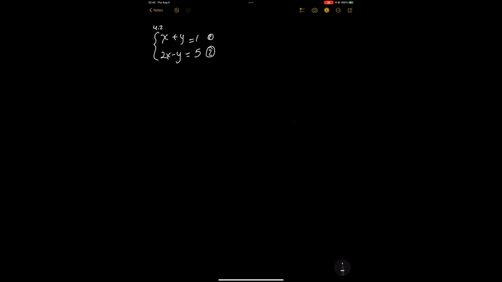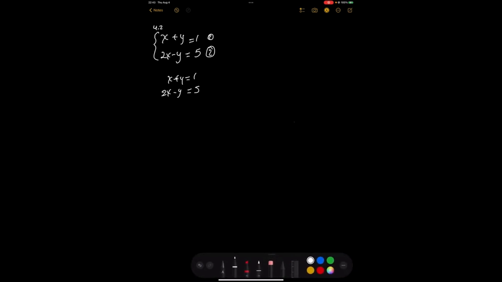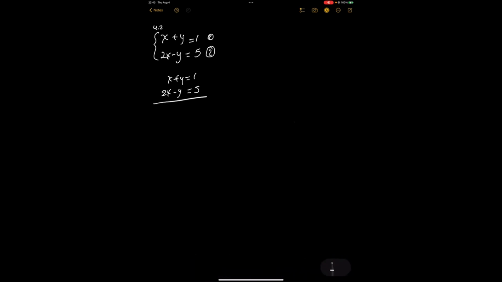You also want to rely on the easiest outcome. Because we are doing addition, you want to eliminate the easiest variable possible. So here I have x plus y equals 1 and 2x minus y equals 5. Which one is easier to delete, x or y?